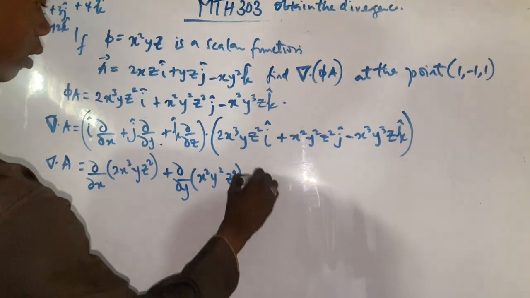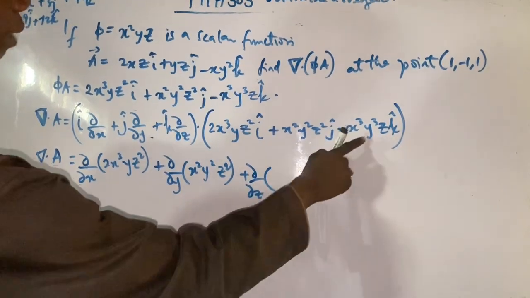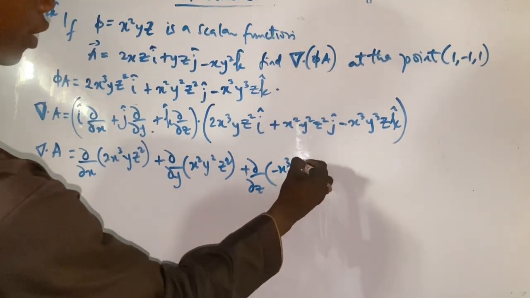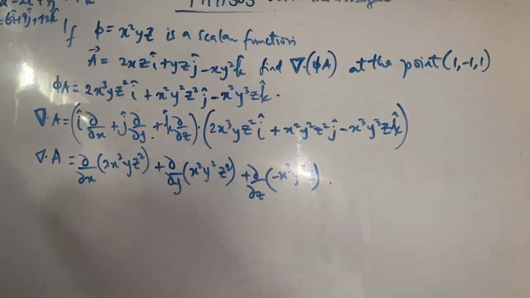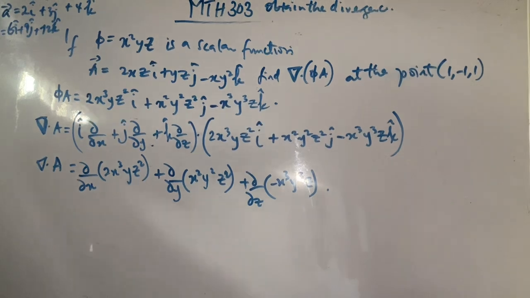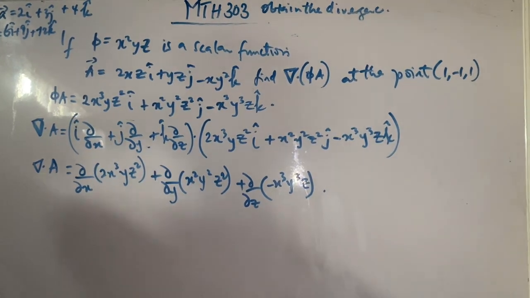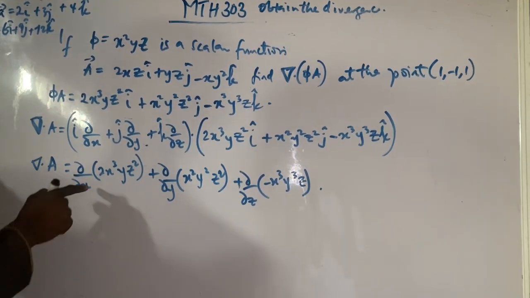So del z of minus x cubed y cubed z. Now we can see these are no more vector functions, no more i, j, and k there.